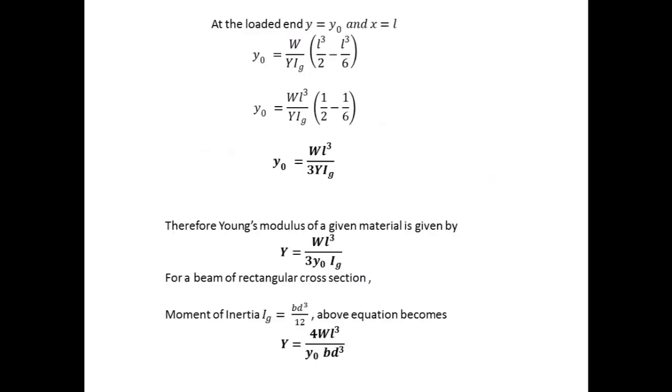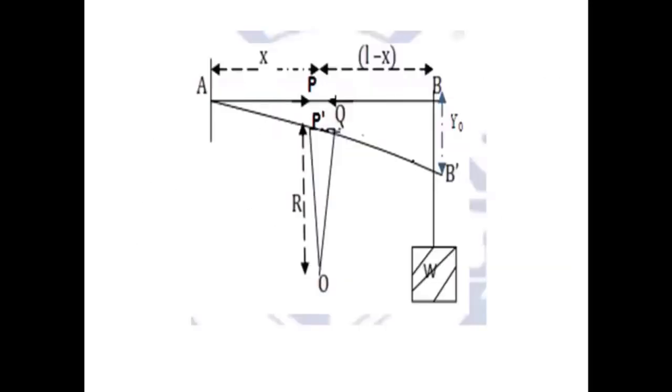So let us find out what is the depression at the free end where we have attached the load. At the free end, depression is denoted as y naught and x becomes equal to L. Let's go back to the diagram.